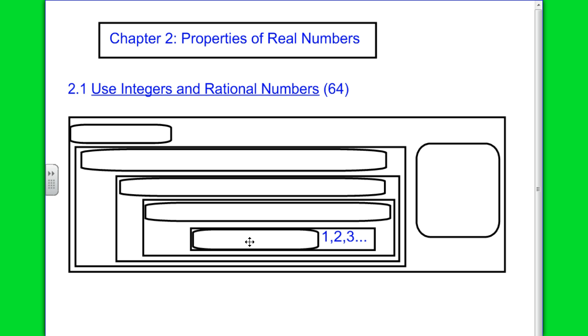Okay, so when we're talking about sets of numbers, and you can see my number line in the classroom, the blue numbers there begin with number what? 1, right? And then they go increasing to the right. So 1, 2, 3. And that set of numbers that we start with the number 1 has a name. And who knows the name?